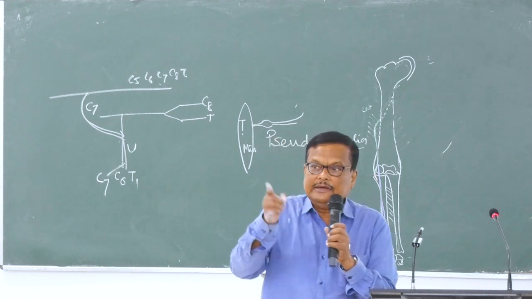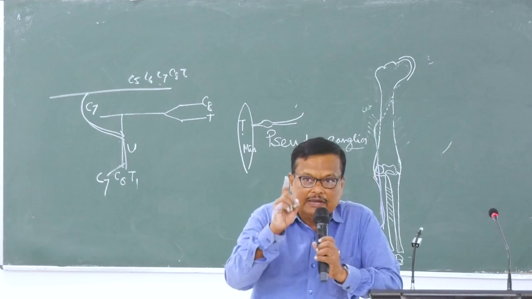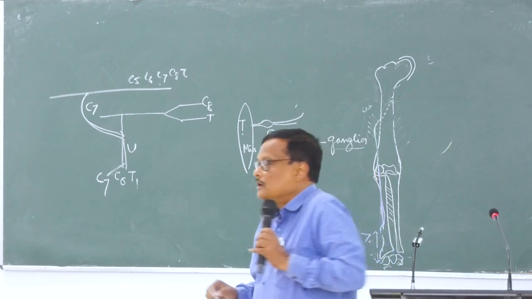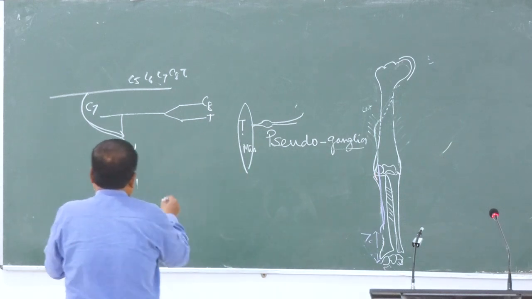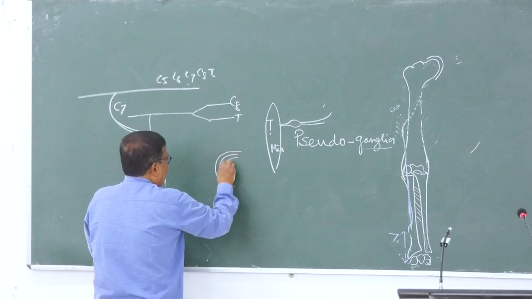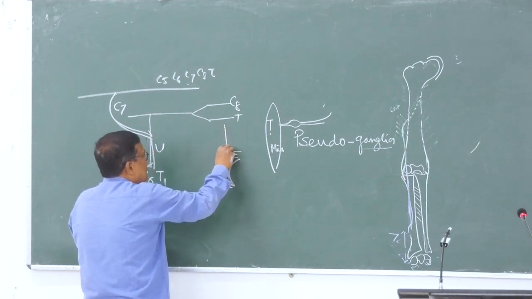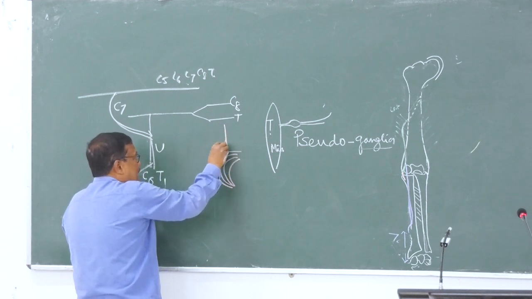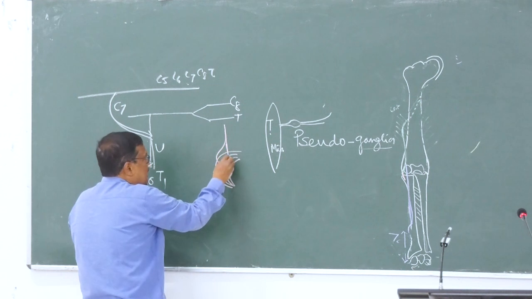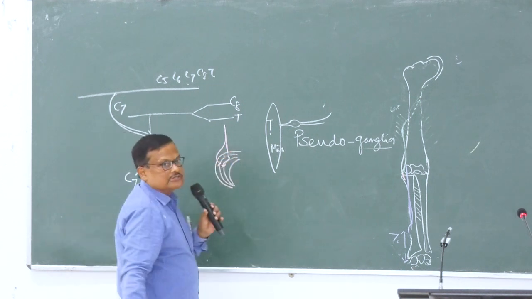But before it enters the supinator muscle, listen carefully. Suppose this is the supinator muscle. This is the posterior interosseous nerve. It gives a branch to supply the supinator muscle, and when it enters within the supinator muscle, it also supplies the supinator muscle.